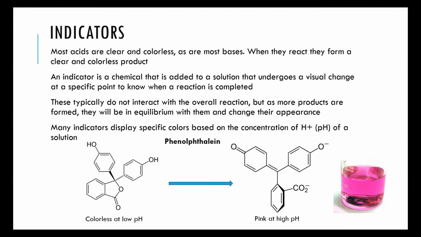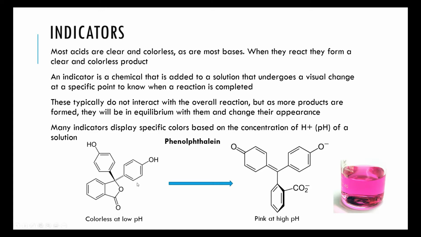Most times when performing an acid-base titration, these solutions are clear and colorless. There's no indication of when the reactants turn into the products. They look exactly the same. And that's where an indicator can visually tell you when the pH has reached that equivalence point.